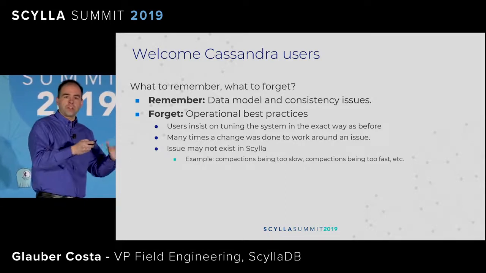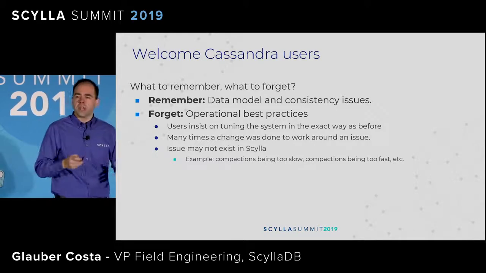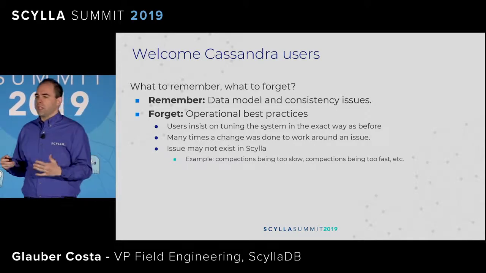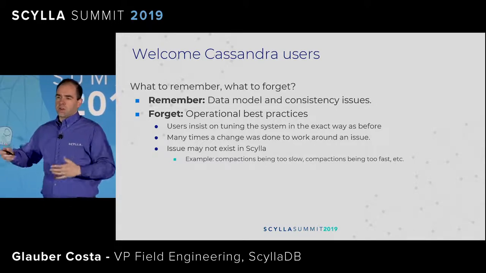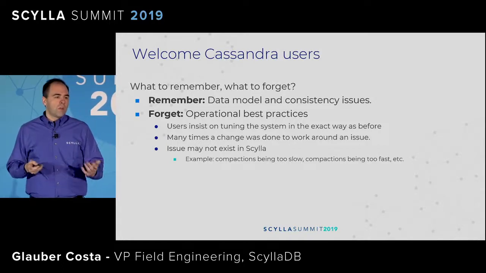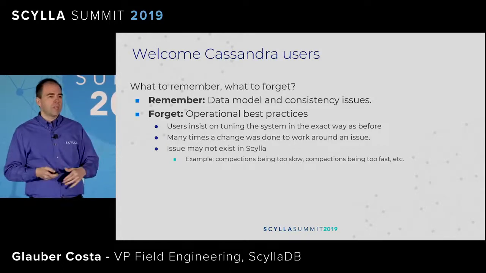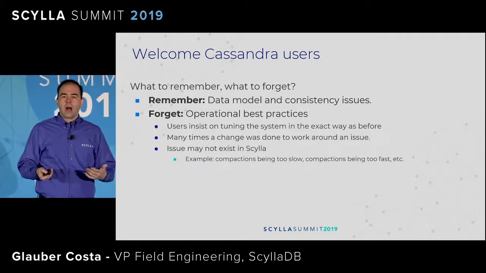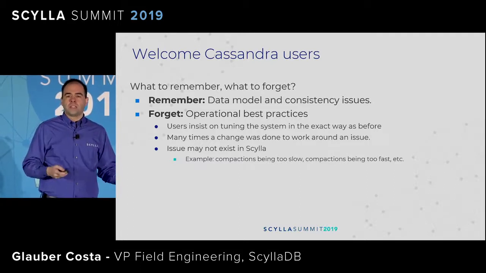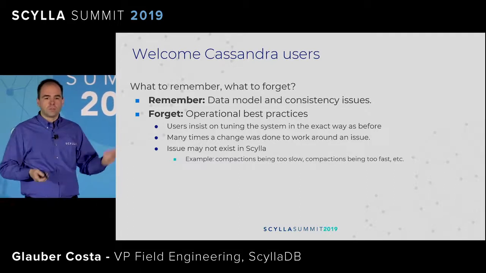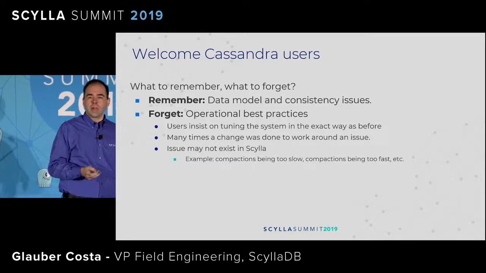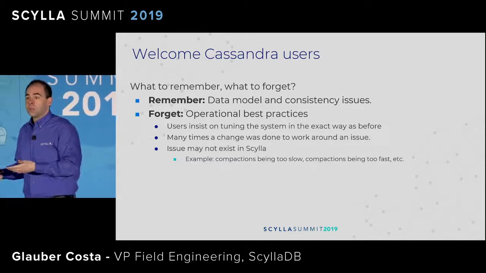You had to put a cache here because the read performance wasn't great, or you didn't compact your data often enough because it would take, as I heard from a customer once, a major compaction every day. How am I supposed to do something daily that takes 3 days to run? I said, well, try it, and it took 2 hours. So yeah, something that takes 2 hours you can't do daily.